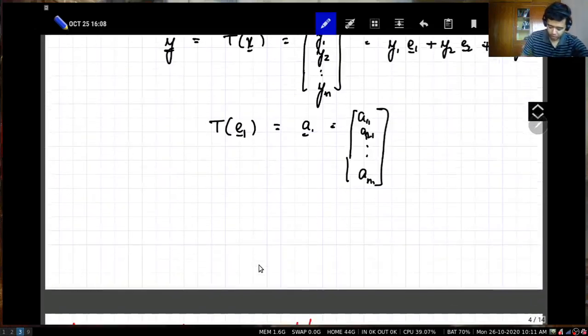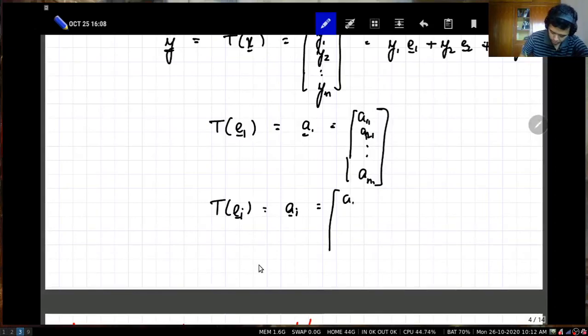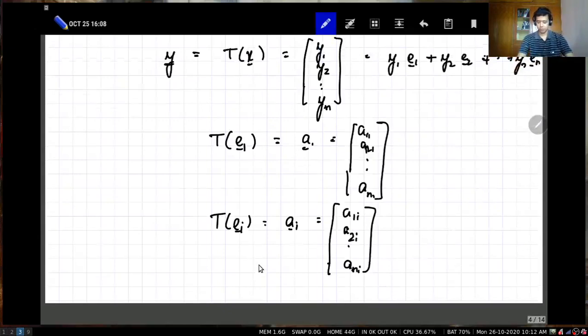Similarly, T of ei is the vector ai, which is a1i, a2i up to ani.